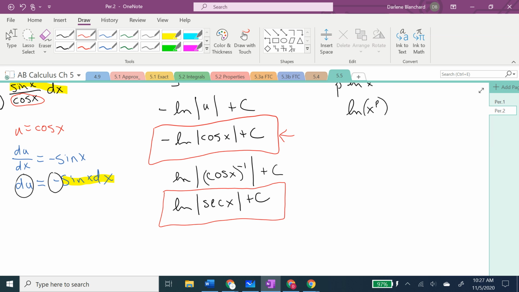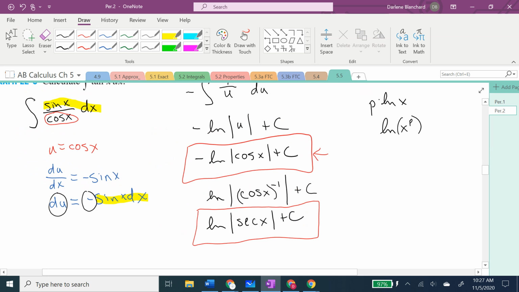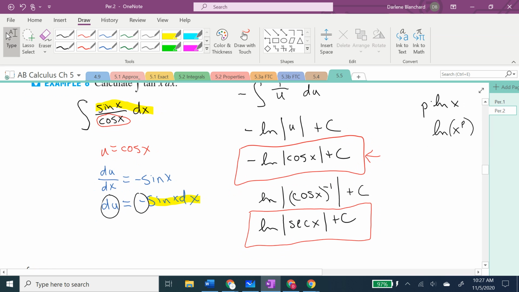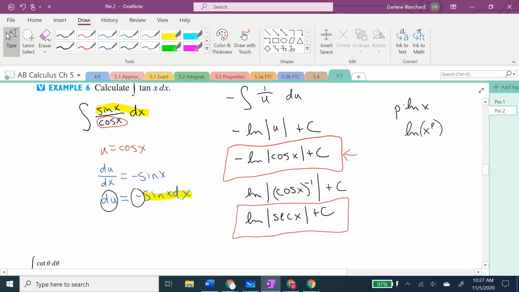Yes. I'm kind of confused on how you went from having du with negative sine x dx to creating an integral. Can you go over that? Yeah. So what I'll do is I'll do the full substitution directly. So I'm going to erase what I have right here so that I can just redo that.